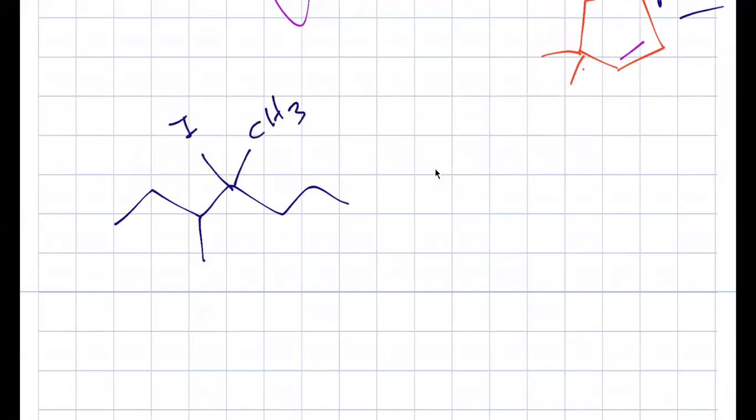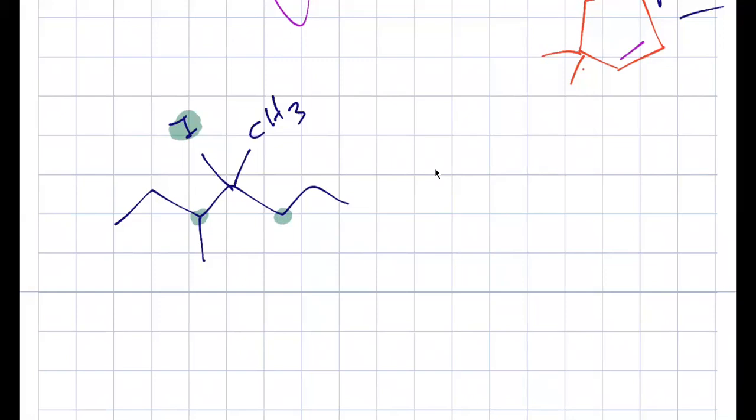CH3 group. So let's locate the alpha protons or the alpha hydrogens. So here's my leaving group. Any carbon adjacent to where the leaving group is going to be considered an alpha position, right? So here, and then here, because that's adjacent to the carbon where the leaving group is.